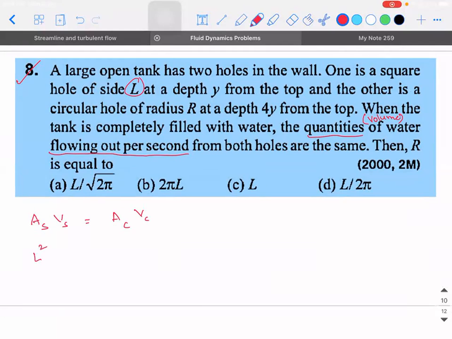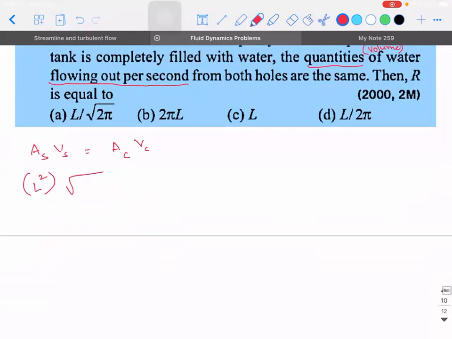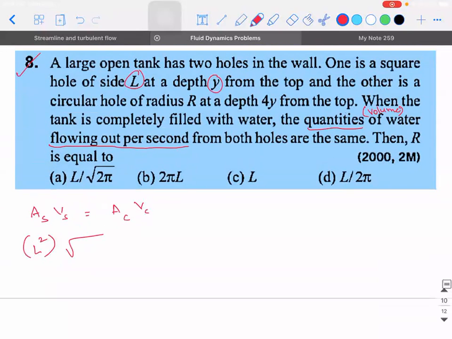L square into what will be the velocity of the liquid that is coming out of the square orifice in terms of depth y? Square root of 2gy. That's right. L square root of 2gy is equal to, complete the equation, pi r square, that is the area of the circle, into root of 2g into 4y.